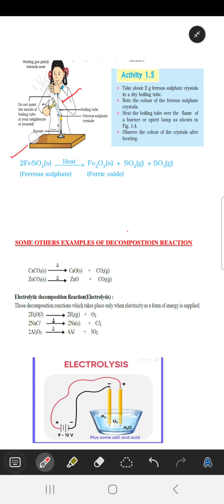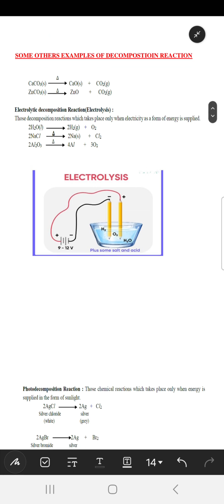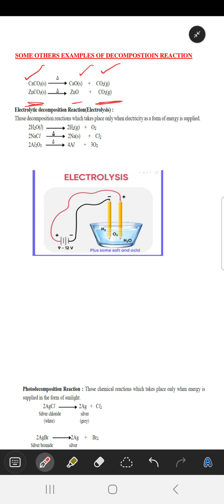So there is a change in color from green to reddish brown, which indicates that a chemical reaction has taken place. Some more examples of decomposition reactions: when calcium carbonate is heated, we get calcium oxide and carbon dioxide. Similarly, when zinc carbonate is heated, we get zinc oxide and carbon dioxide as products.